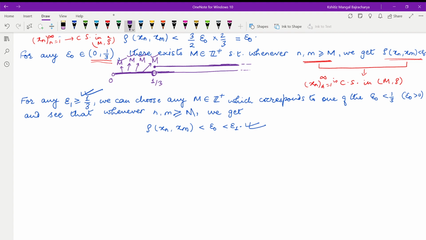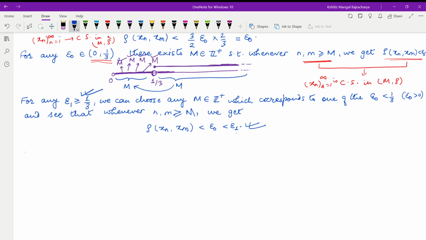So what can we say? For these, we can choose an m. For these, one of these m will work. So basically we can choose an m for these as well in order to get this inequality.